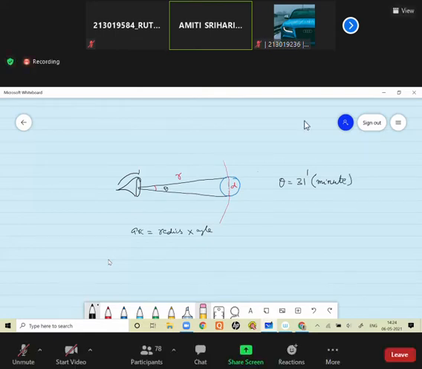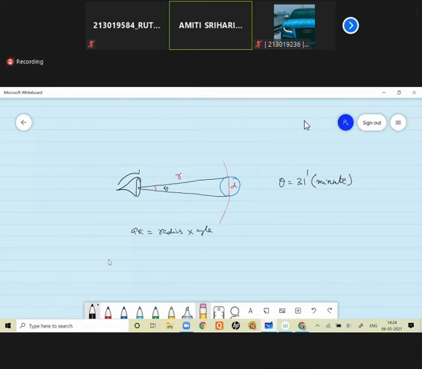60 minutes is equal to 1 degree. So 31 minutes is equal to how much? 1 minute is equal to 1 by 60 degrees.